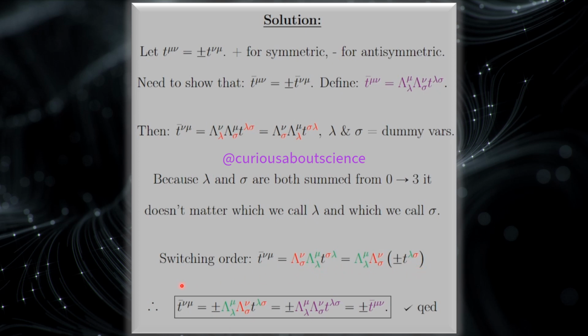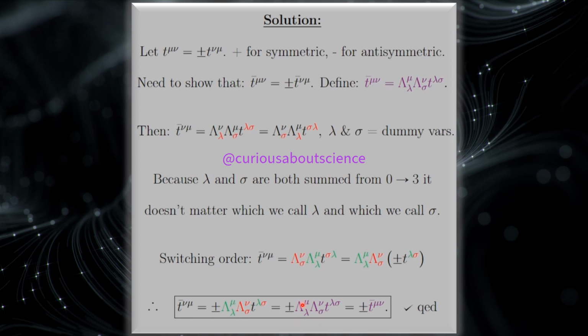But what this shows is that we get exactly what we thought we were going to get when switching it. We get the plus or minus carrying through, and then we get the plus or minus here after the fact, and we could switch it back because lambda and sigma are dummy variables.